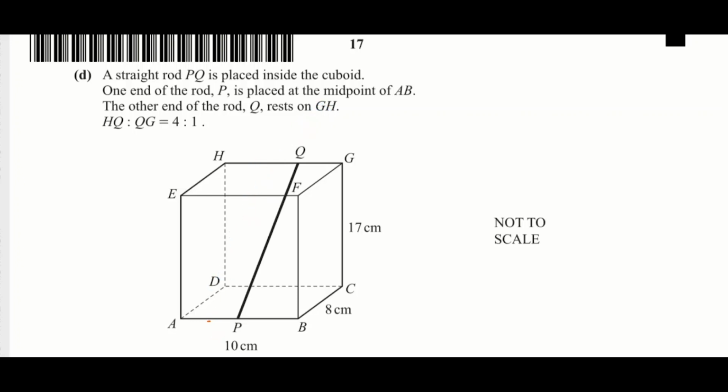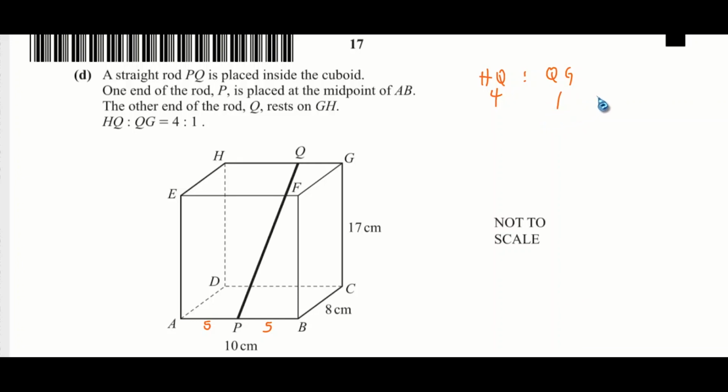So that means this will be 5, this will be 5, because everything is 10. And the other end of the rod, Q, rests on GH, and the ratio of HQ to QG is 4 to 1.